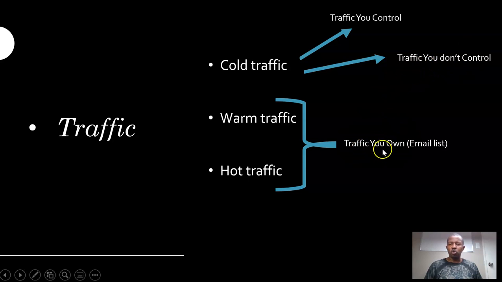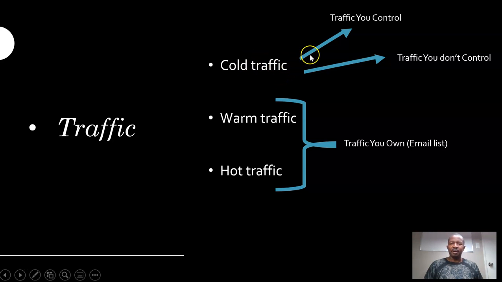Traffic you own is basically your email list. People are already warm to you, they know about you, they know about your business. And then cold traffic: people don't know you, they don't know your business, they are completely unaware of you, or sometimes they don't even know if they have issues.